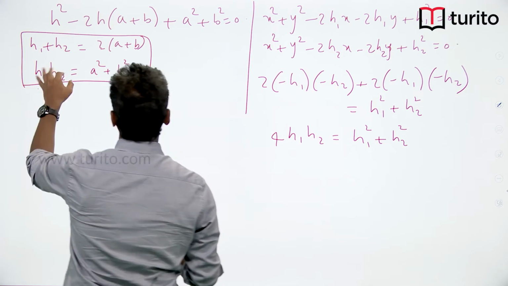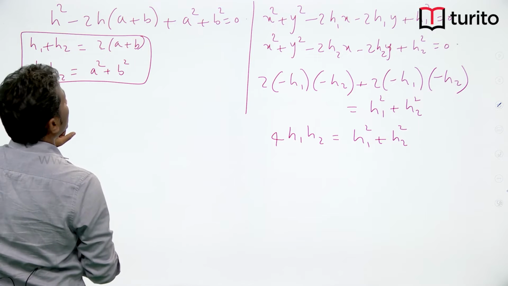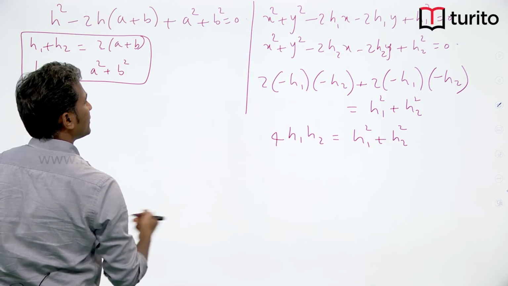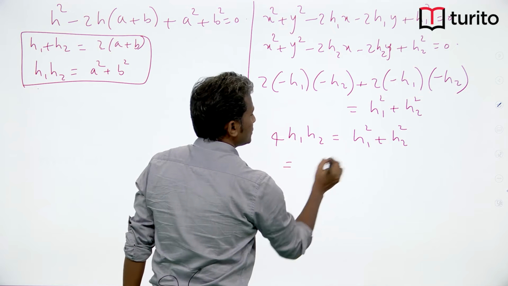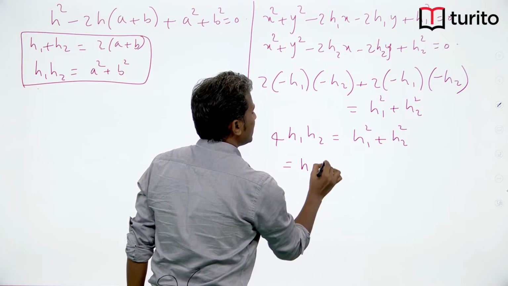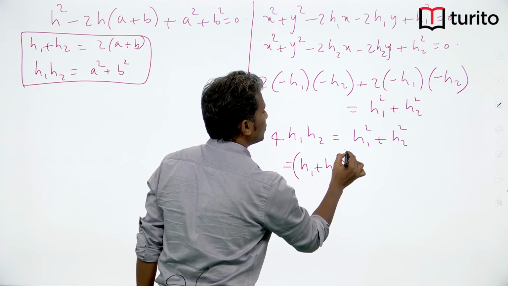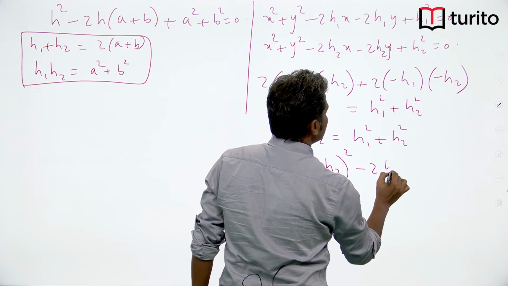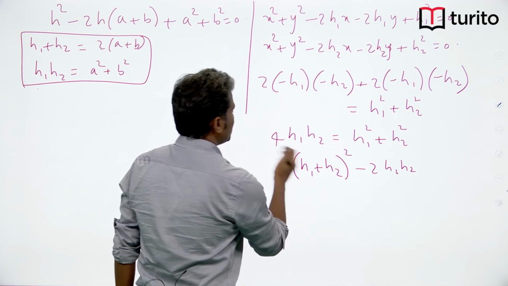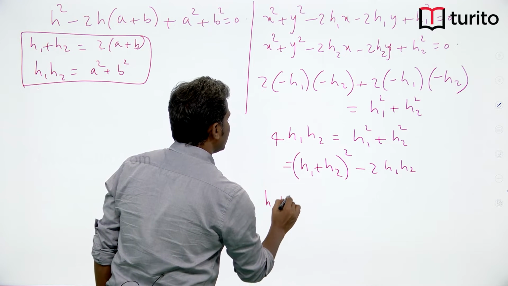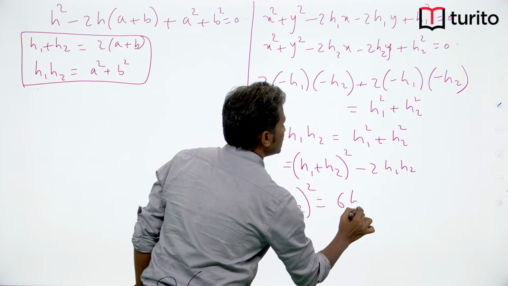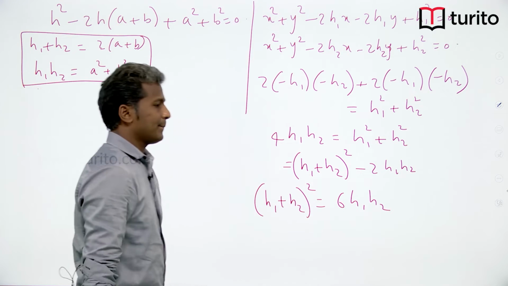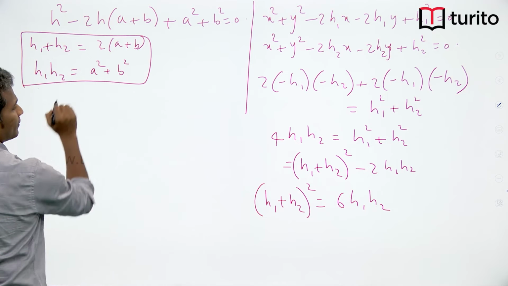So, that means from here, if I calculate H1 square plus H2 square, I will directly convert this only. So, RHS can be simplified as H1 plus H2 whole square minus 2H1 H2. So, which means here I am getting a relation like H1 plus H2 whole square equal to 6 H1H2.